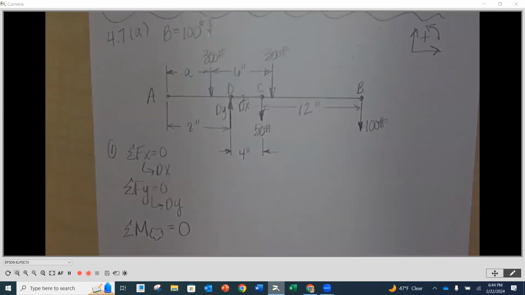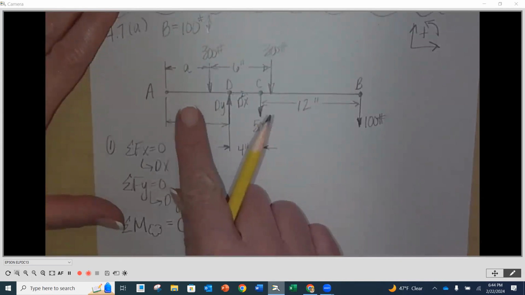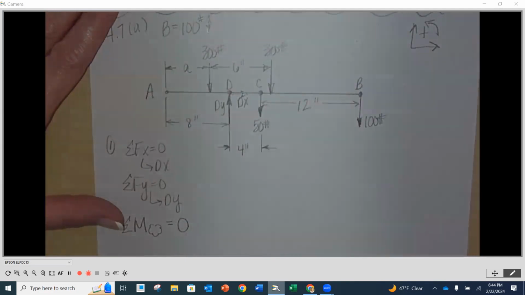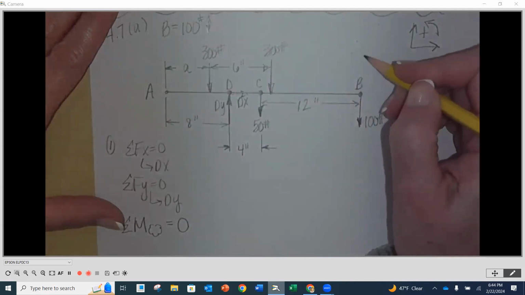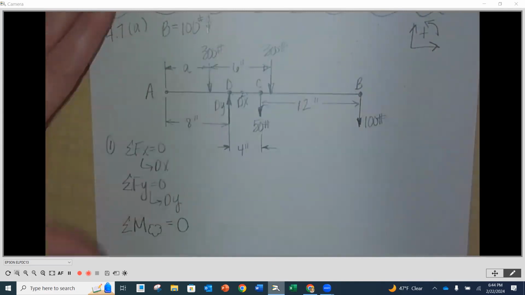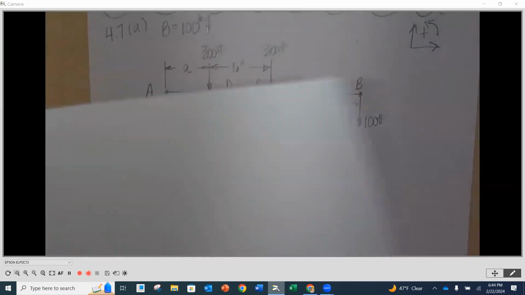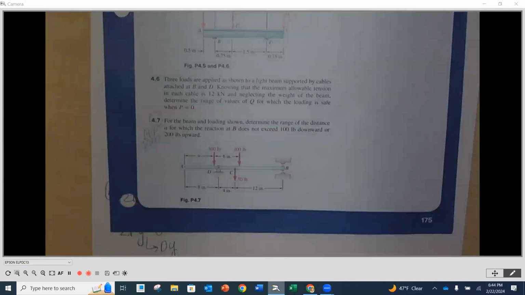Let's draw the free body diagram for the second part. The second part is going to be exactly the same as this, except we're going to have 200 going up. That's really going to be the only difference. So let's draw it just to be sure that you have what you need. I'll put this one back up here if you want to look at that.